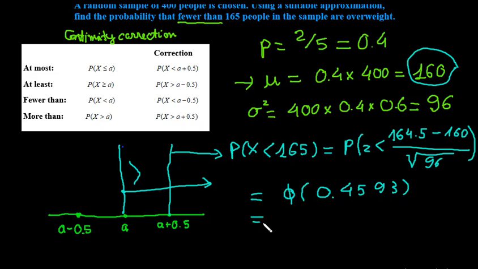Using the table we can get our probability, which is 0.677. I rounded it because it is the final answer to the required significant figures.